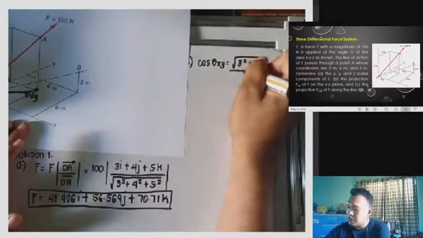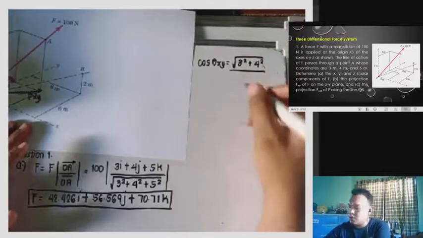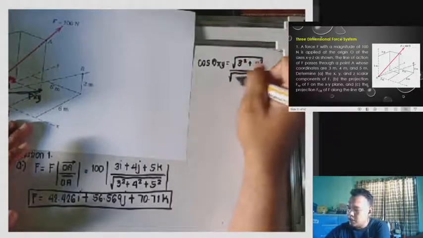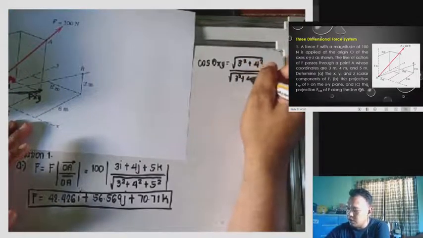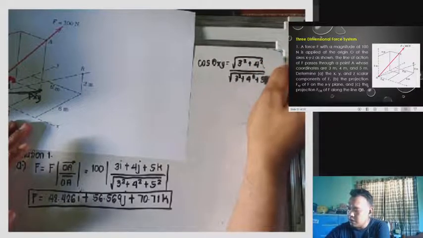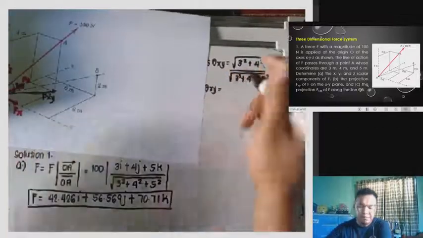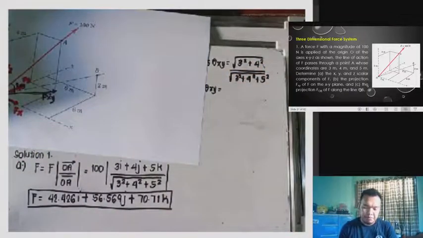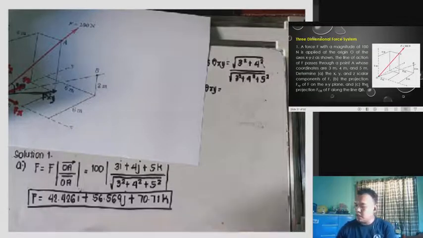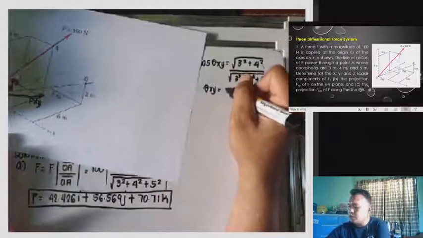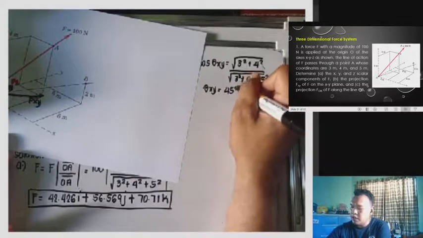All over the hypotenuse. Our hypotenuse is the square root of 3 squared plus 4 squared plus 5 squared. Therefore, theta xy is equivalent to arc cosine of the square root of 3 squared plus 4 squared all over the square root of 3 squared plus 4 squared plus 5 squared. We have here angle theta xy equivalent to 45 degrees.